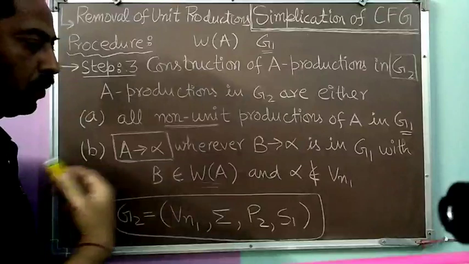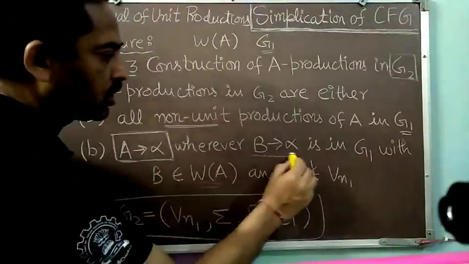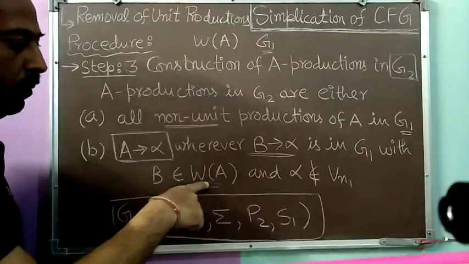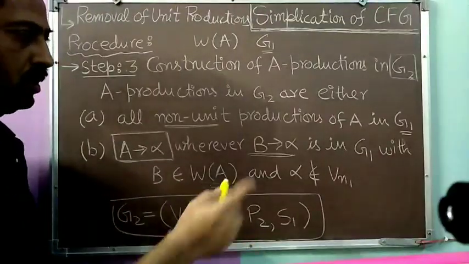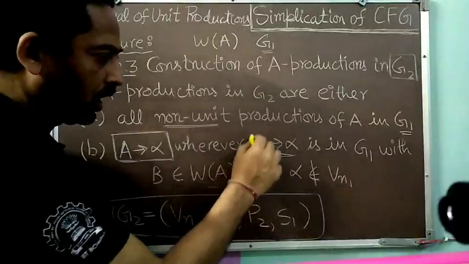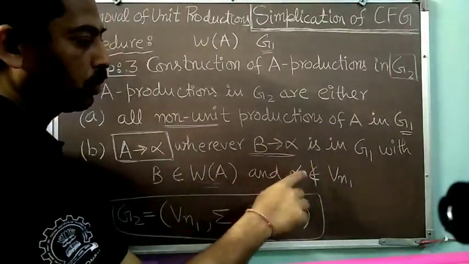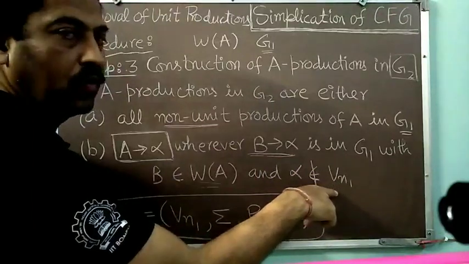So we have to look at the productions of those variables which are derivable from A only through unit productions. When looking at the productions of such a variable B, I have to look at non-unit productions, because alpha cannot belong to V_N1.